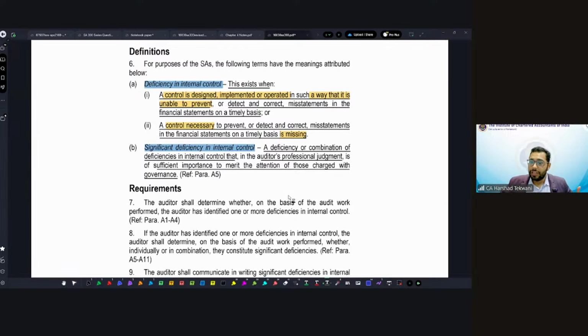Now, your professional judgment can be based on multiple things: materiality, complexity, a lot of things can be involved. That is your professional judgment as an auditor. Clear? So, what is a significant deficiency in internal control?